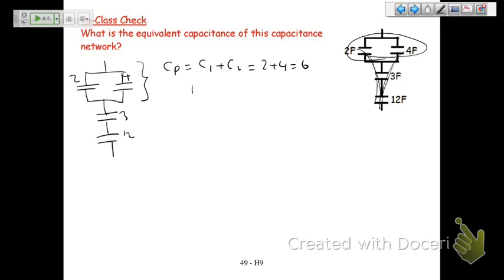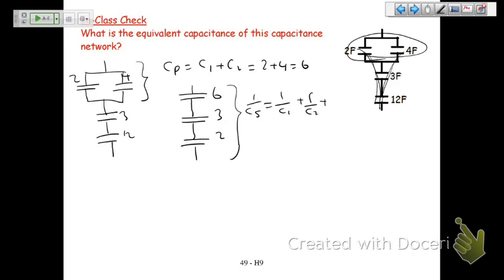So 6, and 3, and 2. 1 over C series equals 1 over C1 plus 1 over C2 plus 1 over C3. 1 over CS is equal to 1 over 6 plus 1 over 3 plus 1 over 2. 1 over CS is equal to 1 over 6 plus 2 over 6 plus 3 over 6, which equals, oh man, is that right? 6 over 6?